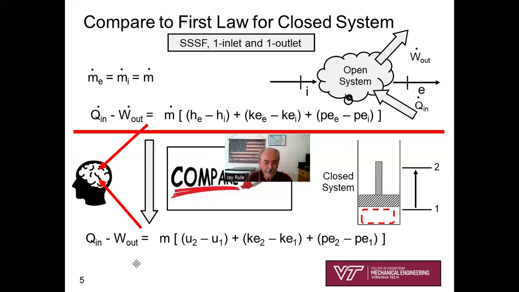So this little slide, and that's the purpose of some additional videos that I'm going to offer and remind you of, you may wish to look to really try to cement this into your heads to really understand the difference in the fundamentals between an open system and a closed system.